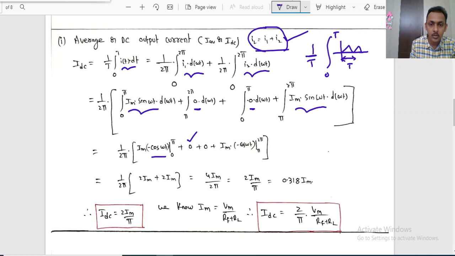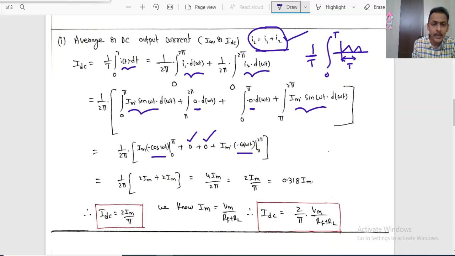The integral of sin omega t with respect to d omega t is minus cos omega t, with limits pi to 2 pi. Now if you take Im common, what about cos pi?